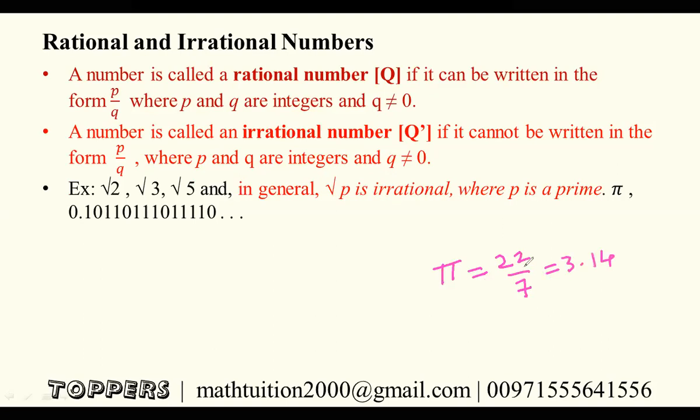In the fractional form 22 by 7, the numerator 22 is an integer, the denominator 7 is an integer, and 7 is not equal to 0. So it is in the form of p by q, where p and q are integers and q not equal to 0. So it has to be considered as a rational number.